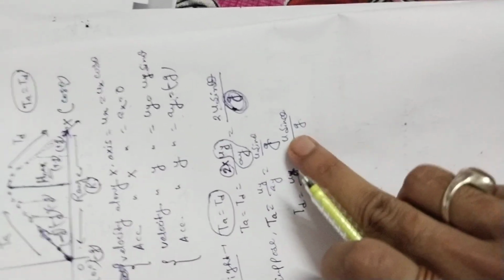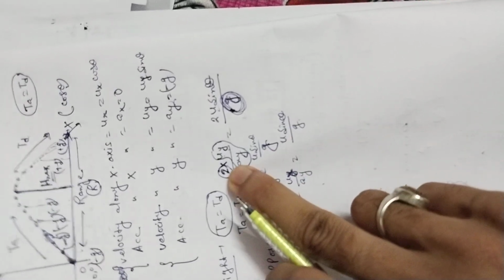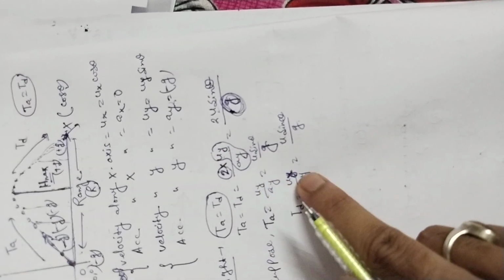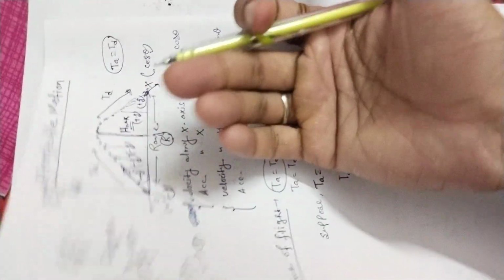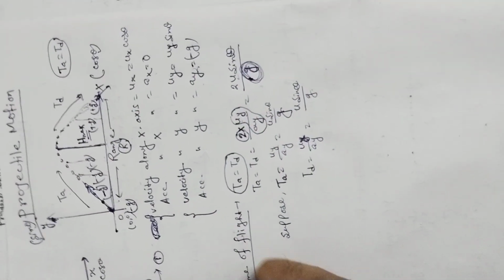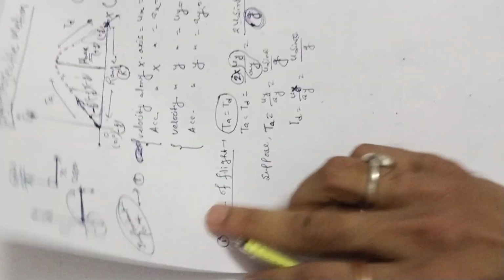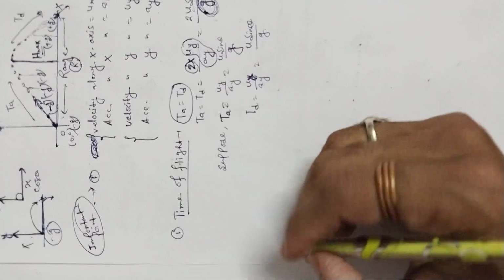Okay, so we can add them, so 2uy by ay. Because here time ascending and time descending are the same, nothing else. Okay, good.